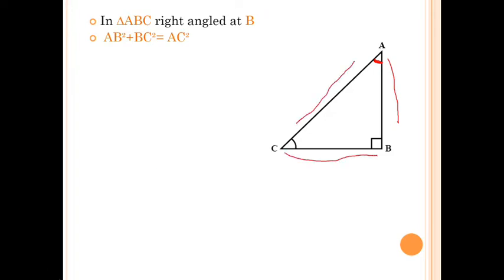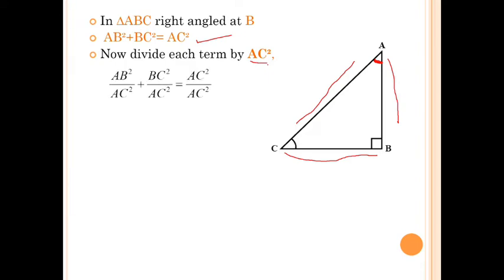Now, the next step, we will be dividing this Pythagoras theorem by AC square. So, let's see what happens. Now, AB square by AC square plus BC square by AC square is equal to AC square by AC square.